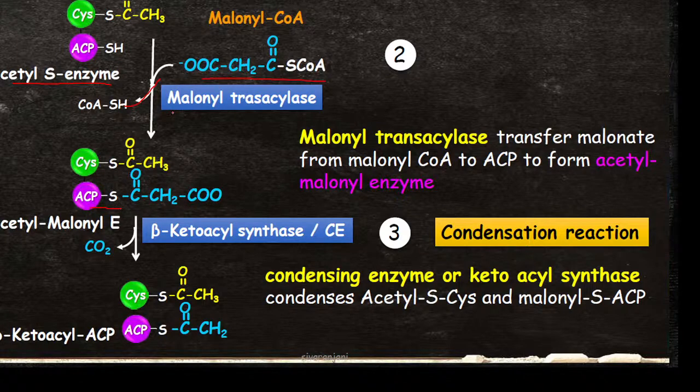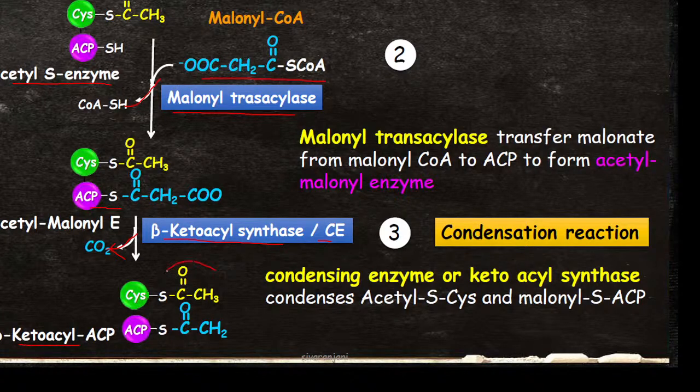This reaction is catalyzed by malonyl transacylase. Further, this acetyl malonyl enzyme will lose a molecule of carbon dioxide, that is, it will undergo a decarboxylation reaction by the action of beta ketoacyl synthase enzyme, or condensing enzyme. This will form beta ketoacyl ACP.